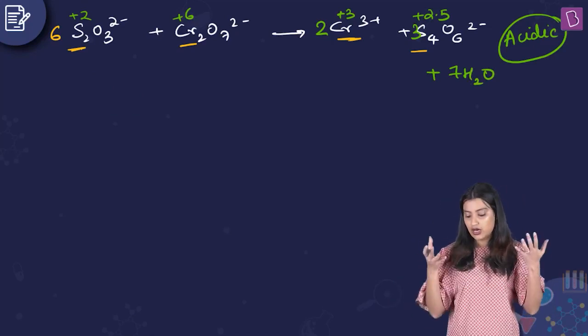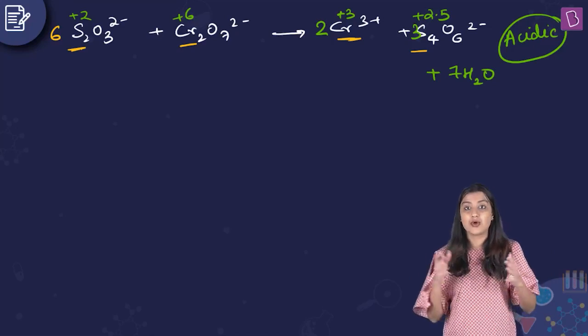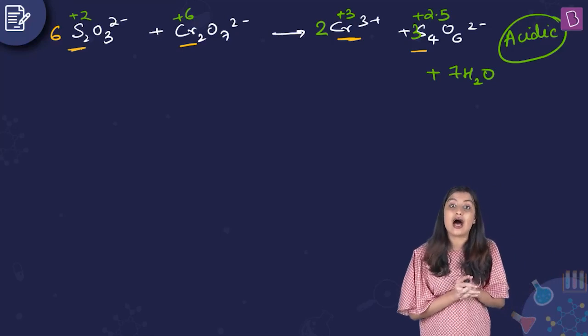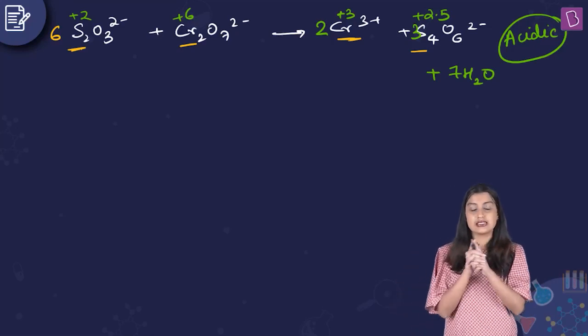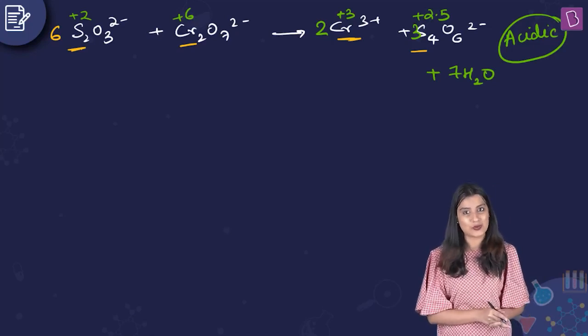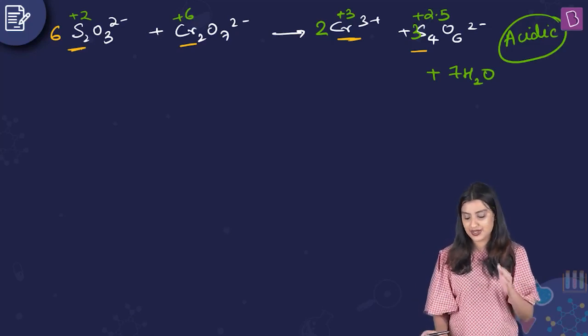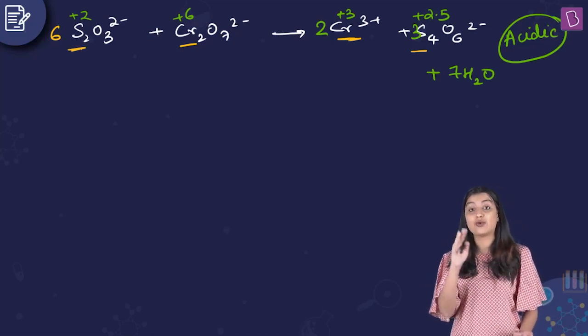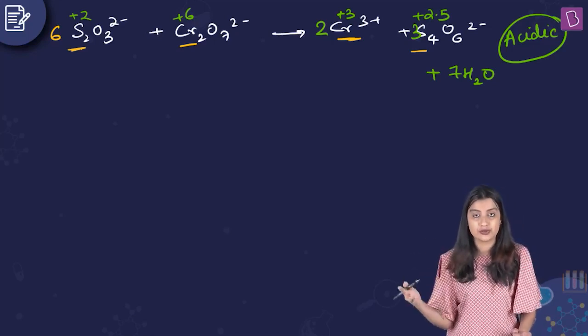So I got a total of 25 oxygen atoms on each side. Now I am simply left with balancing the hydrogen atoms, and because this is acidic medium, I will need to use H plus ions or protons to balance the hydrogen atoms. So here you have 0 hydrogen atoms on the reactant side and you have 14 hydrogen atoms on the product side.